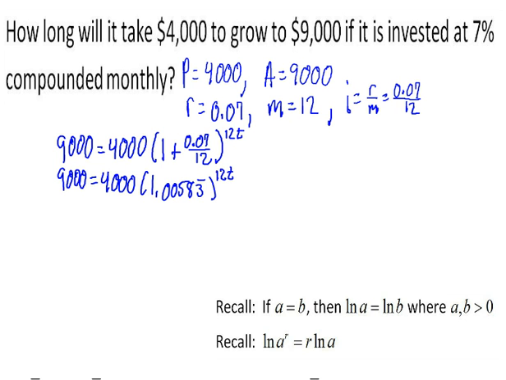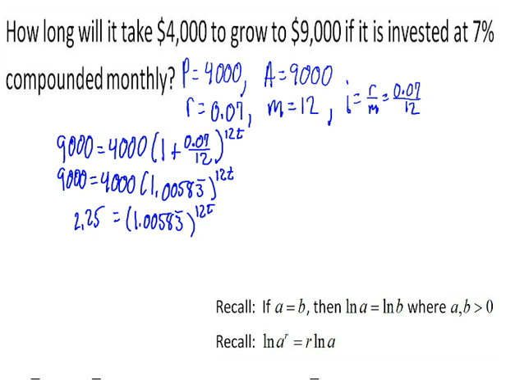The next thing to do to solve this exponential equation, and again this is an exponential equation because the variable is in the exponent, is to get the exponential, which is the 1.005833 to the 12t, by itself. So I divide both sides by 4,000, and 9,000 divided by 4,000 simplifies down to 9/4. And so that would be 2.25 equals 1.005833 raised to the 12t.